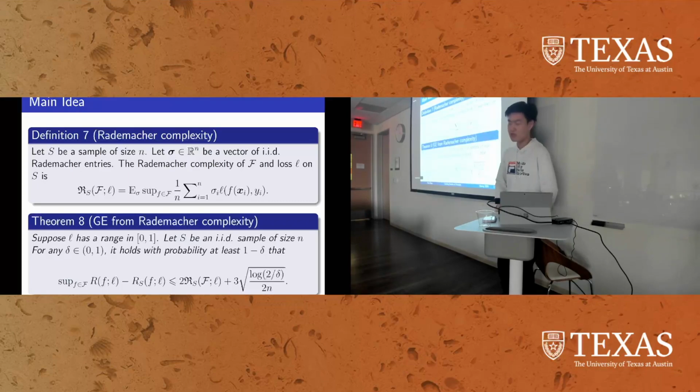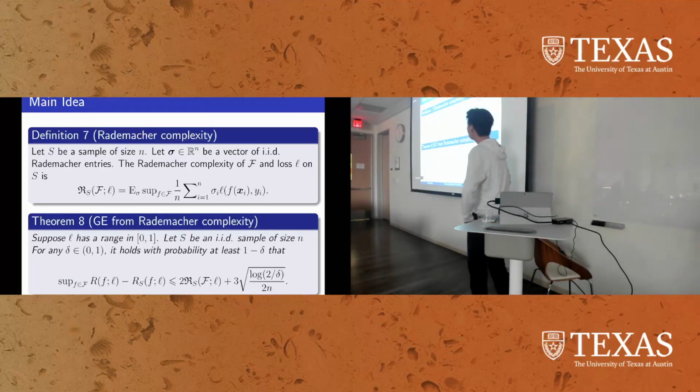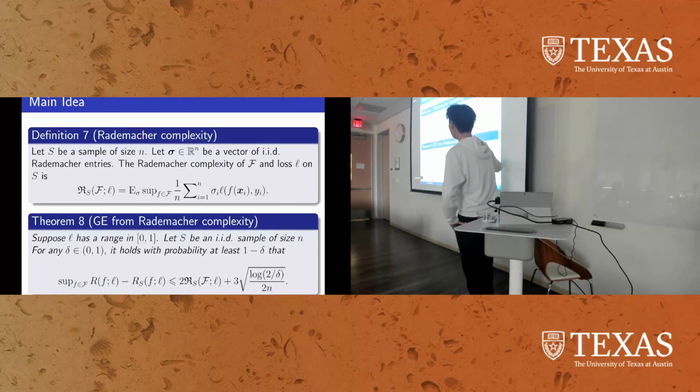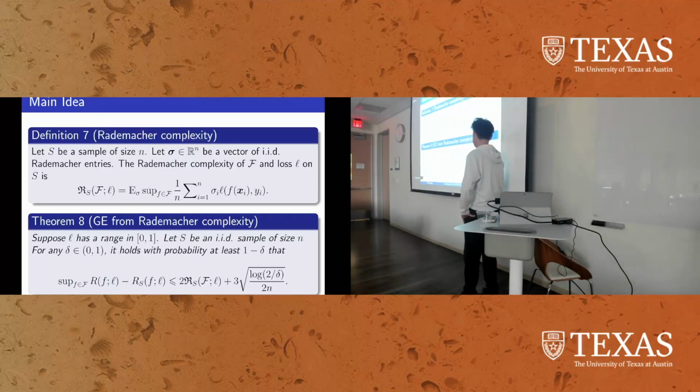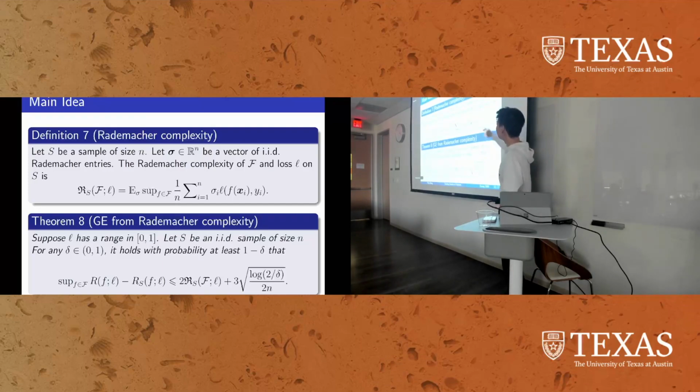If you manage to control this Rademacher complexity on your training set and the hypothesis space F, then the generalization error, through statistical learning theory, is known to be just 2 times the Rademacher complexity plus a small extra term. So all you need to do is to control the Rademacher complexity of your training set and the hypothesis space. So how are we going to control this strange expectation?